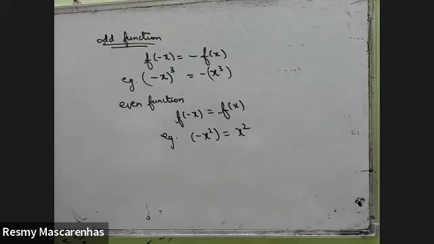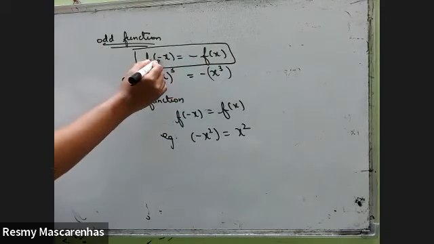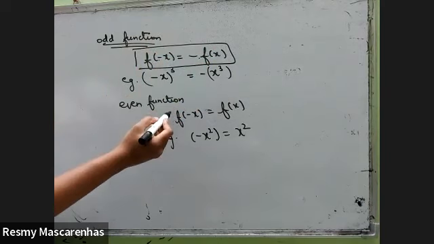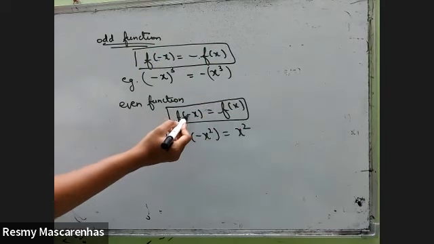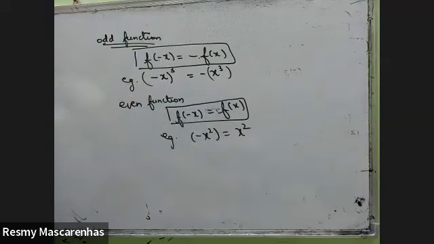Just replace x by minus x and see if the minus still remains out, then it's an odd function. So now you know the condition for an odd function: f of minus x is equal to minus of f of x. And for an even function, even with the negative inside, outside it will be positive. So this condition you should know for odd and even.